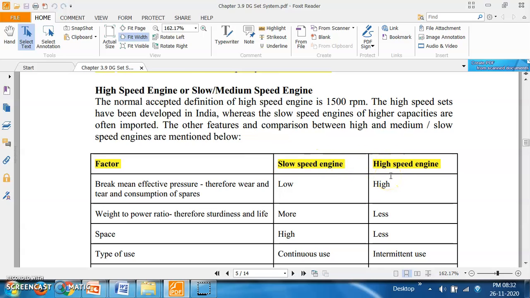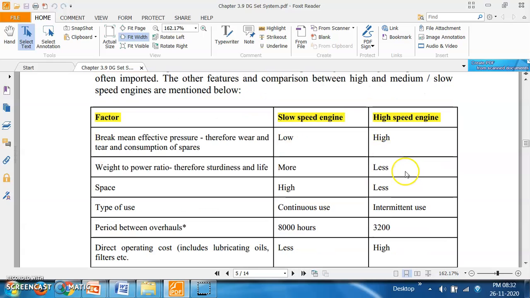So why do we need to select one among this slow speed and high speed? For high speed engines the space required is less. Slow speed engine space requirement is high, and the type of use is very important. Suppose you require continuous use, you need to go for a slow speed engine.